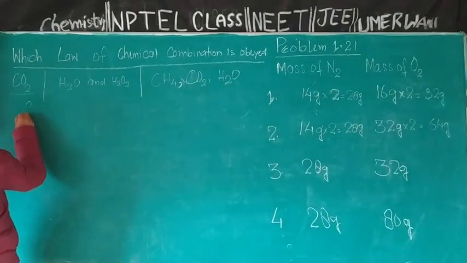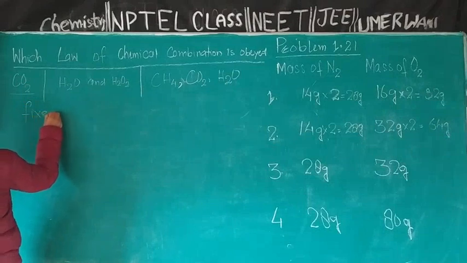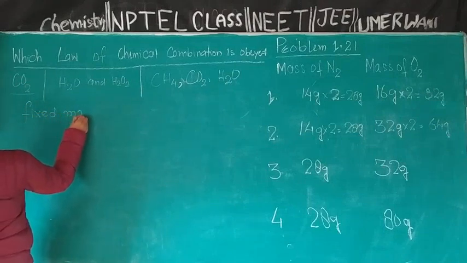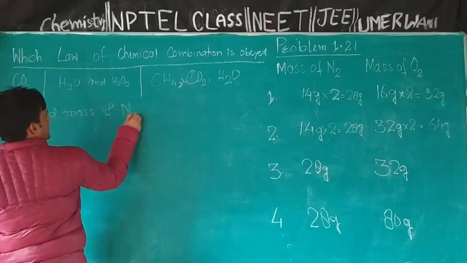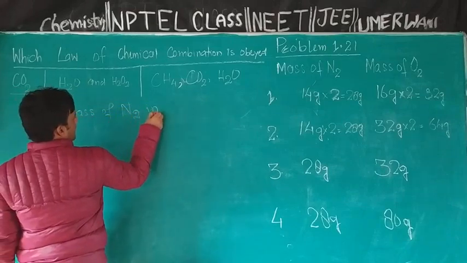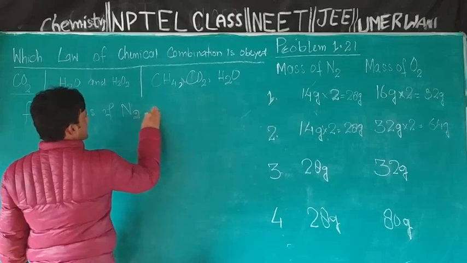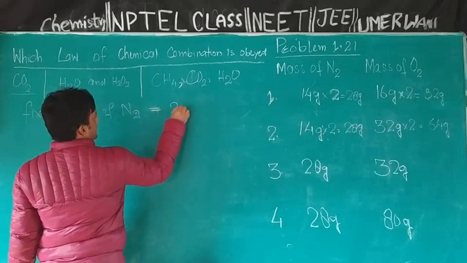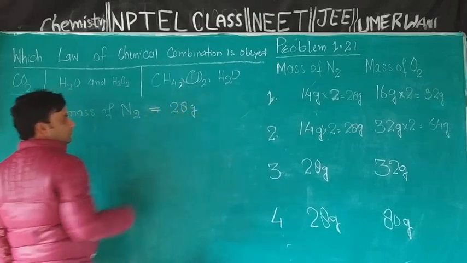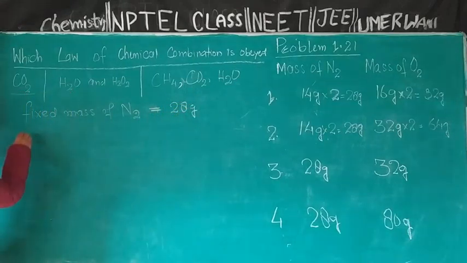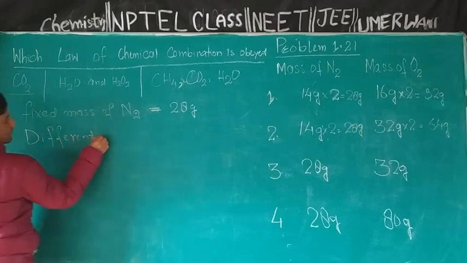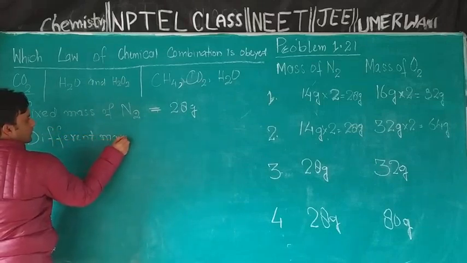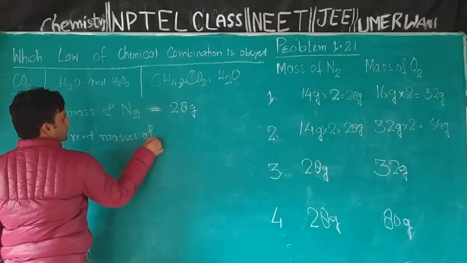I fixed the mass of nitrogen equal to 28 grams. Now I got different masses of oxygen.